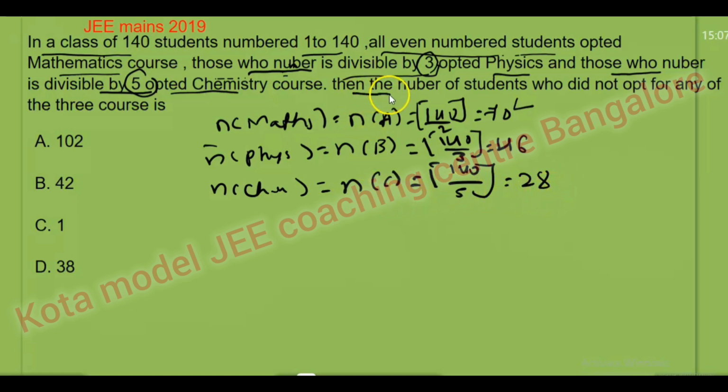Then find the number of students who did not opt for any of the three courses.